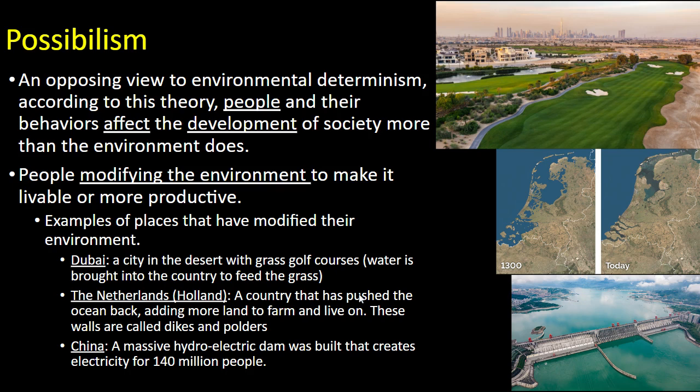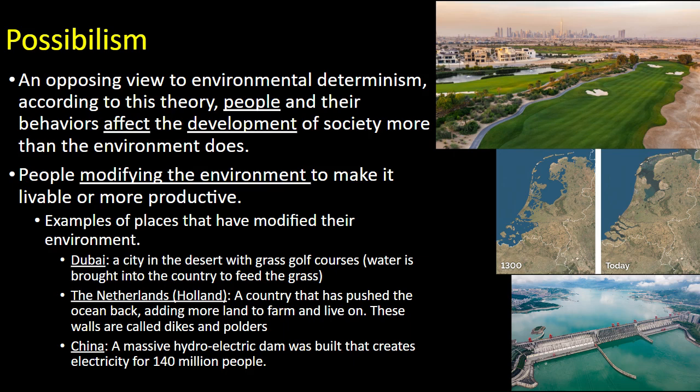The Netherlands. Now, if you're talking about sustainability, the Netherlands is where it's at. The picture on the right here, this is the Netherlands. It's one of the only countries that's gotten bigger. It has built something called polders, which is essentially a wall they build out into the water, and they drain all the water from behind the wall.